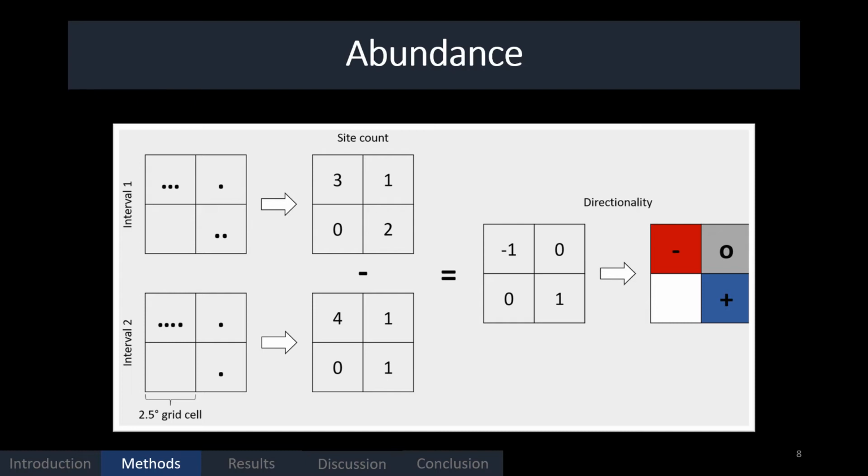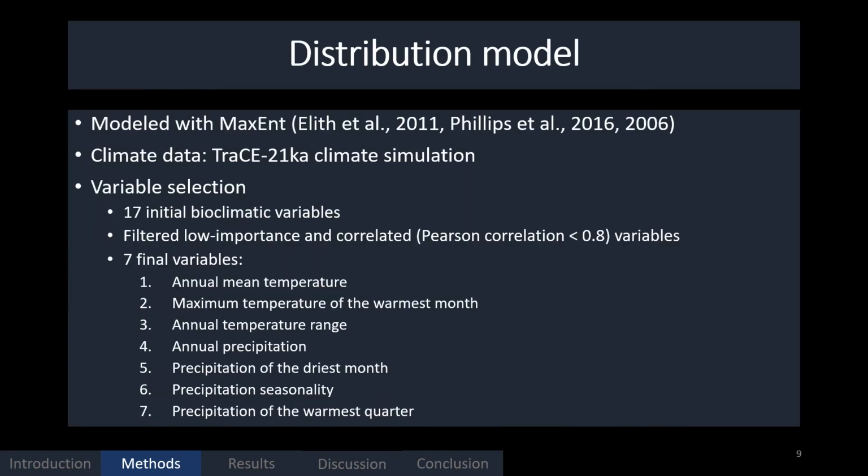I don't have time to explain exactly how this works, but just note that the end product is a spatial grid that shows whether there was an increase or a decrease or no change in the number of bison sites within a given area. And the distribution models were produced with Maxent, a machine learning algorithm.